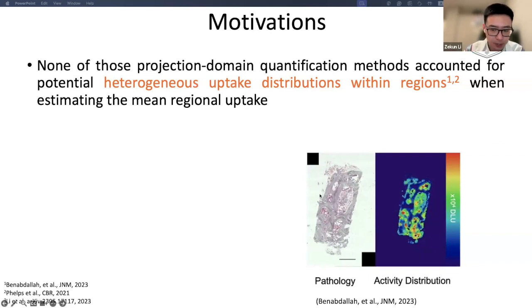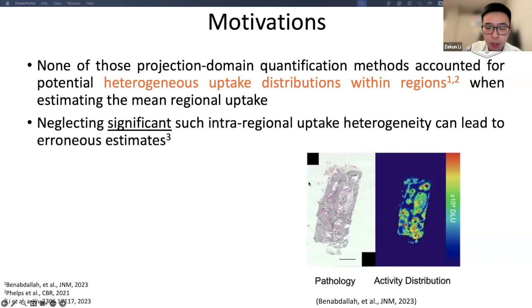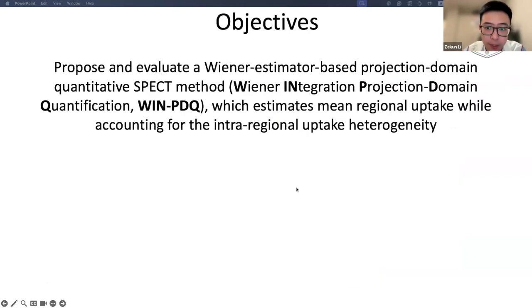In our previous studies as well, although the LCQ SPECT method was observed to be relatively insensitive to moderate levels of such heterogeneities, neglecting significant such heterogeneity can lead to erroneous regional uptake estimates. Thus, a quantitative SPECT method that can reliably estimate the mean regional uptake given the presence of such intra-regional heterogeneities is needed, which can be subsequently used to objectively optimize the SPECT system designs and scanning protocols.